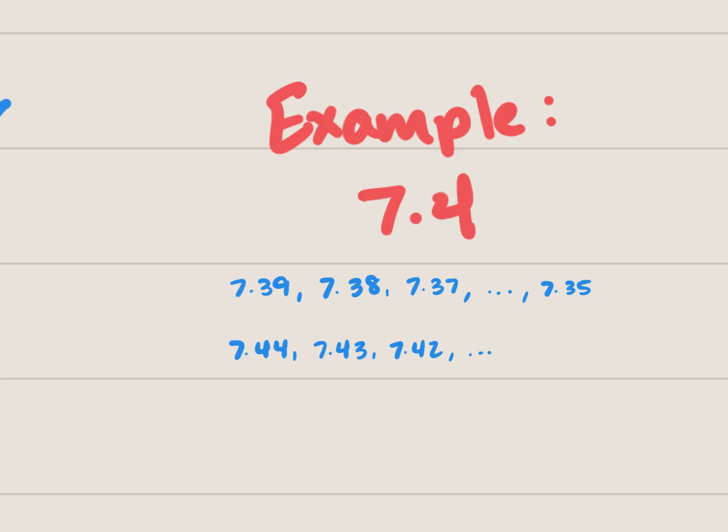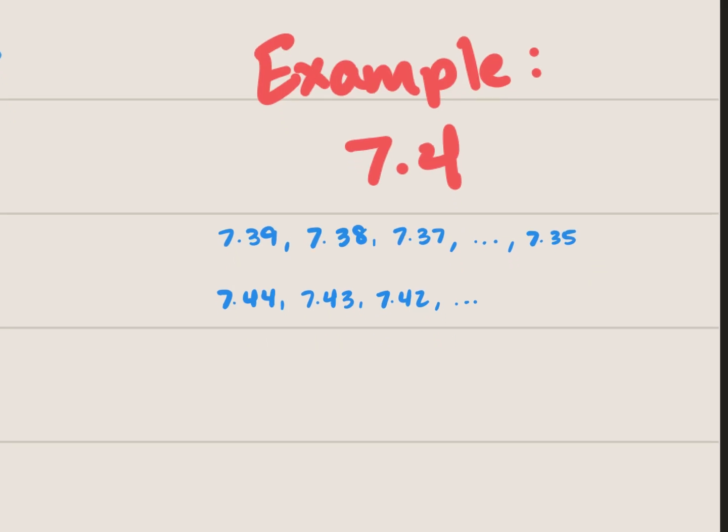But you want to be really careful, because a lot of the time students say my lower bound is 7.35, which is true. You can't really go any lower than 7.35 as your lower boundary. That's for sure the bottom that will round up to 7.4.